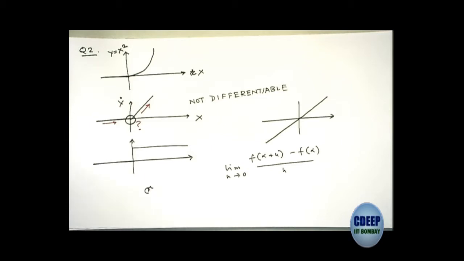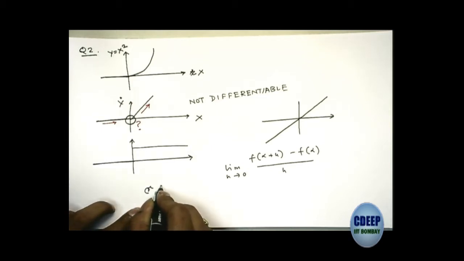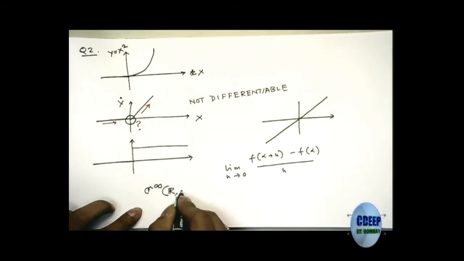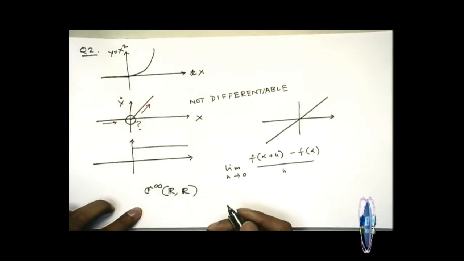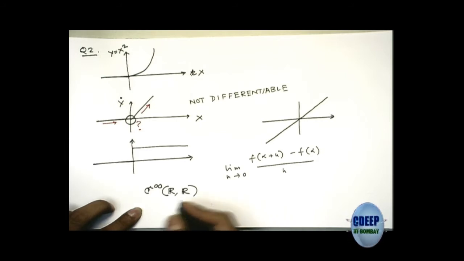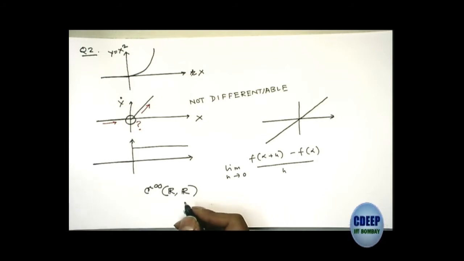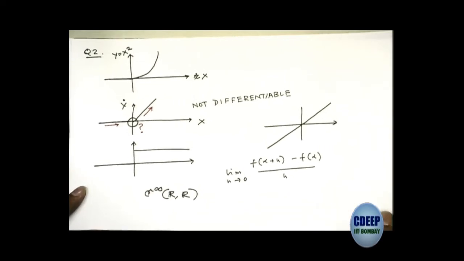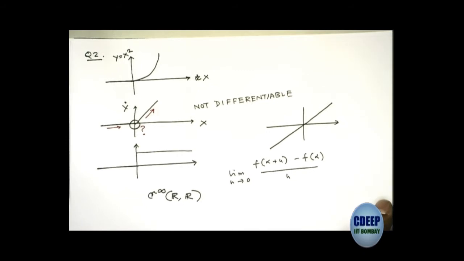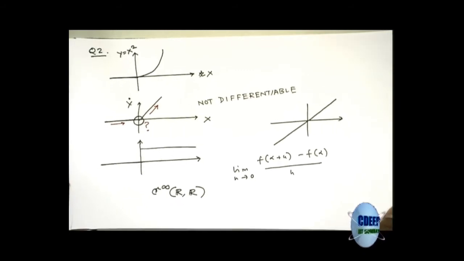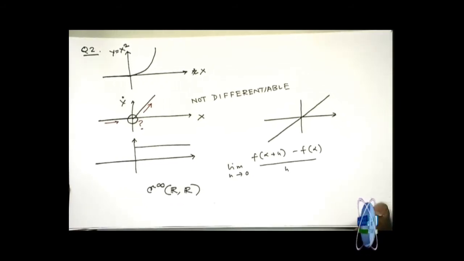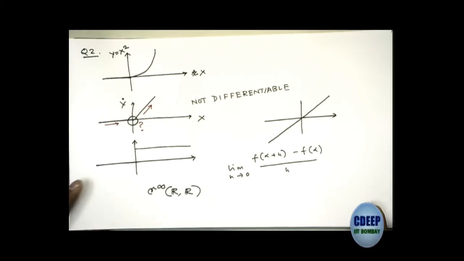Okay, the question in the tutorial sheet asks us to find out that this set of all infinitely differentiable functions forms a ring. If it is too difficult for you, you can consider set of all just continuous functions. Well, try this one.